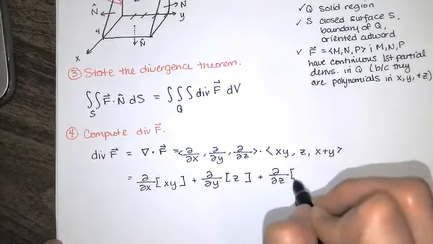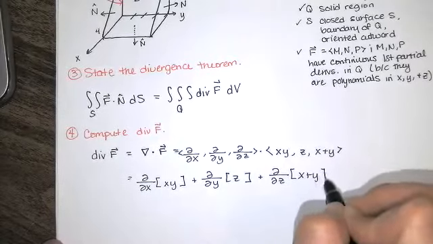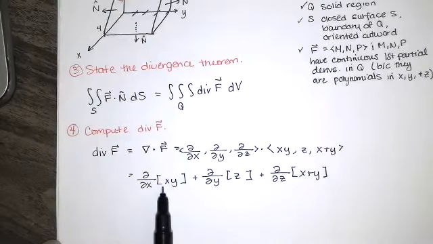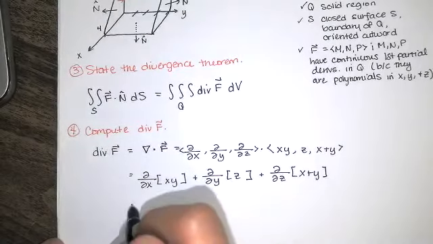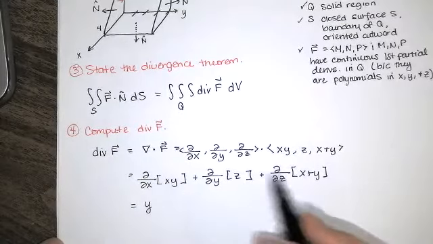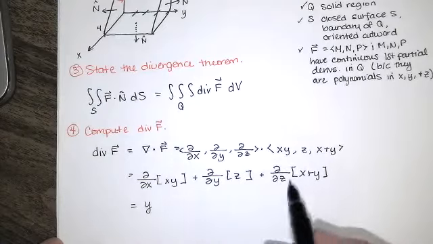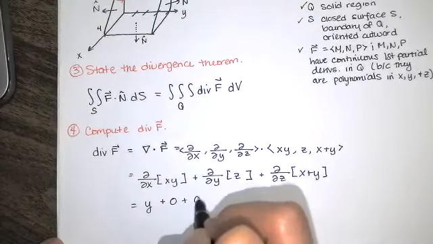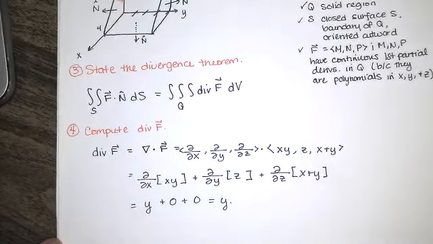Well, this is going to be really simple. I've got a constant times x here as far as x is concerned. The derivative of a constant times x is just our constant. There are no y's in this, so that's 0 and that's 0. There are no z's in that. So we have y plus 0, which is y. So we just integrate y. That's going to be super simple.